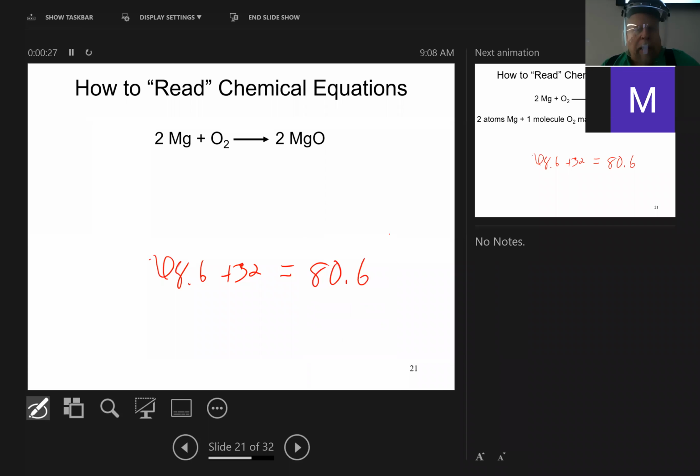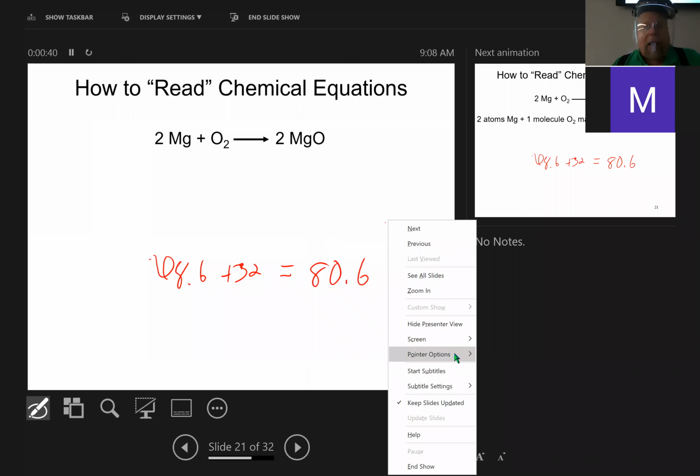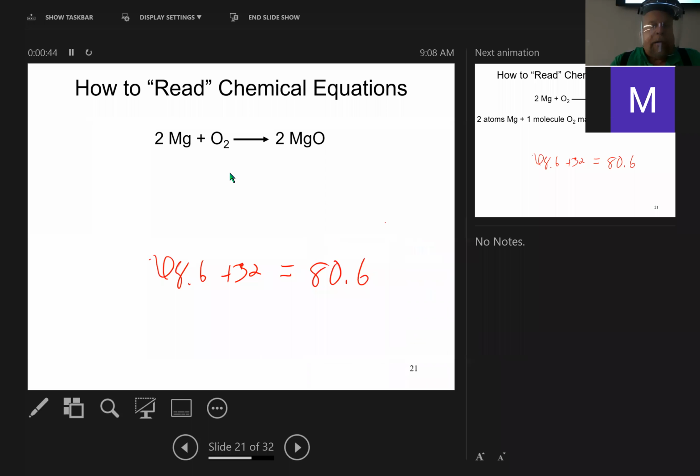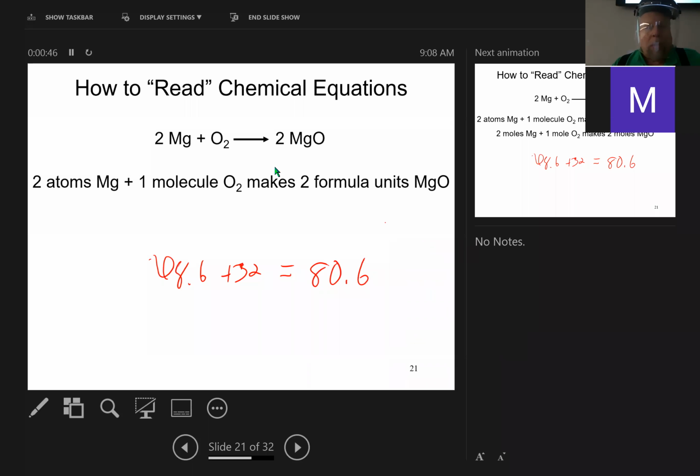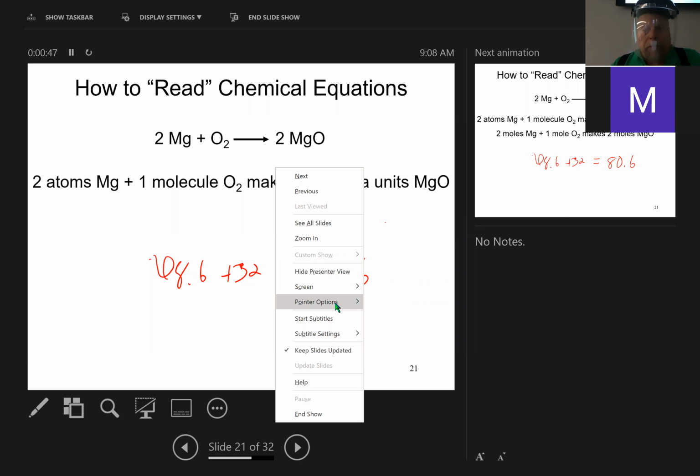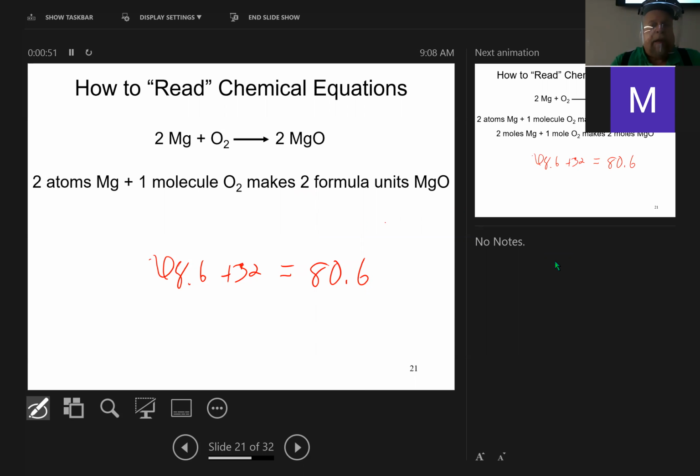Now the key thing is understanding the nature of chemical equations. We've been doing conversions before, and basically what you need to understand is that these can be atoms, molecules, or moles, and it relates to what's on the other side of the system.